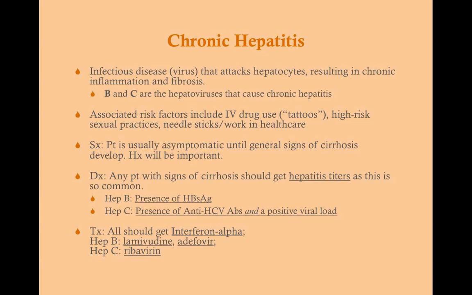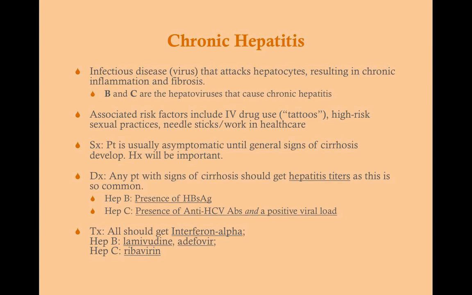High-risk sexual practices are another relatively common way to contract hepatitis, and needle sticks and work in healthcare are also a risk factor. The symptoms of chronic hepatitis are generally nil. The patient is usually going to be asymptomatic until the general signs of cirrhosis develop. So this could be difficult to distinguish from alcoholic cirrhosis, other than the fact that the patient doesn't have a history of alcoholism, but they may.